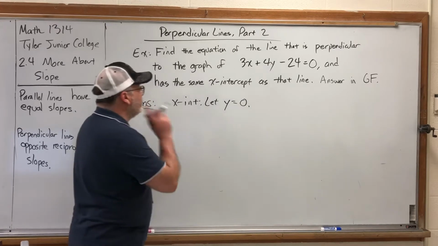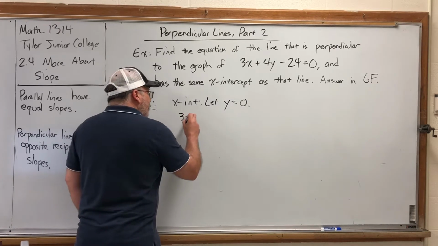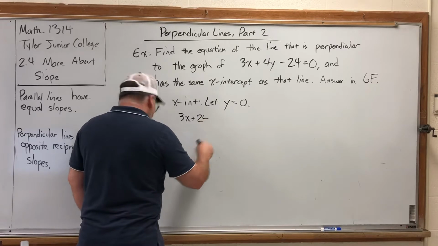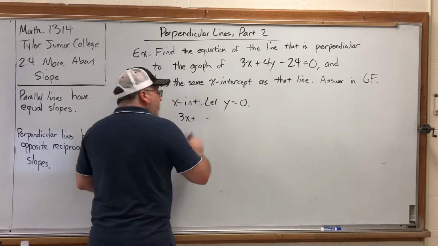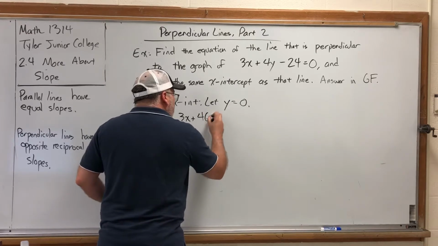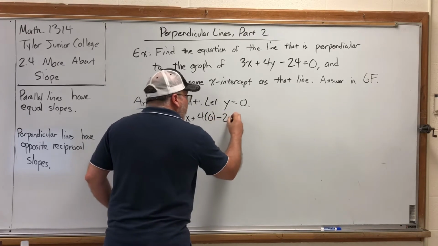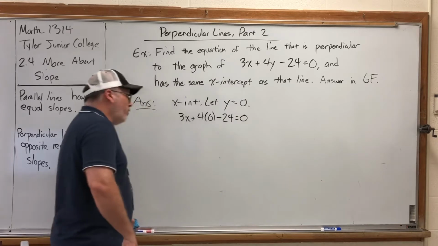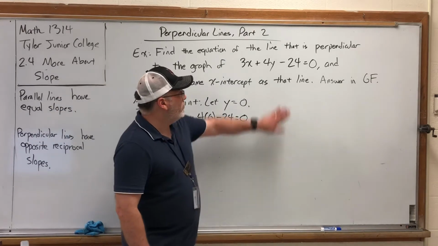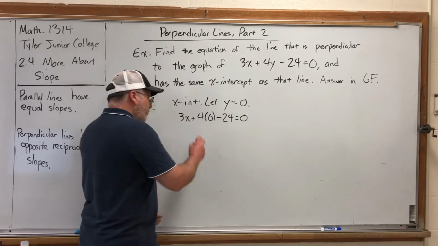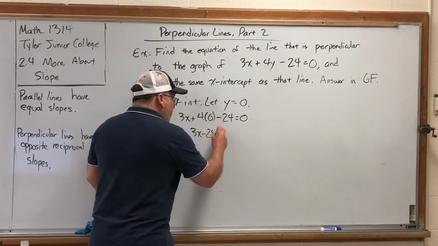So if we let y equal 0, we get 3x + 4(0) - 24 = 0. Or we could have just covered the y term. Substituting 0 for y will make the y term vanish and leave us with 3x - 24 = 0.